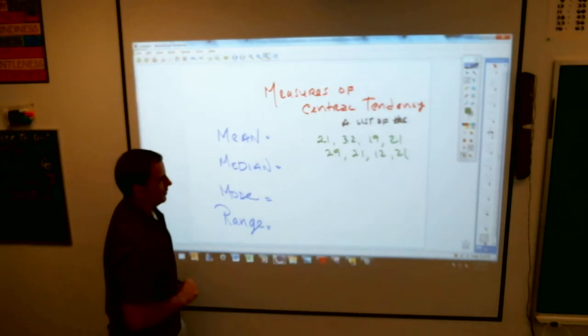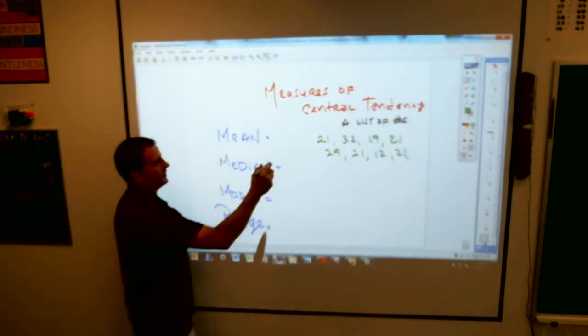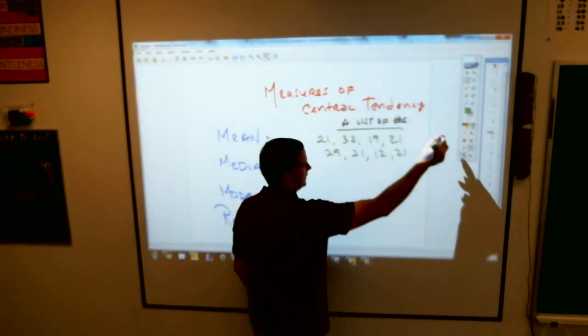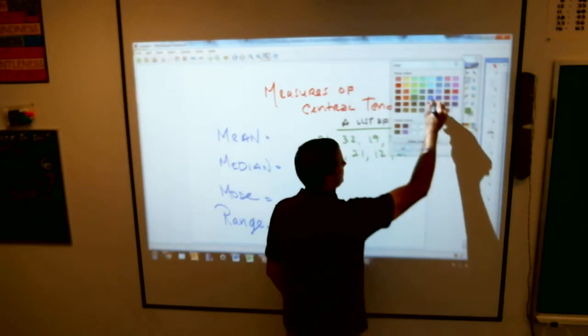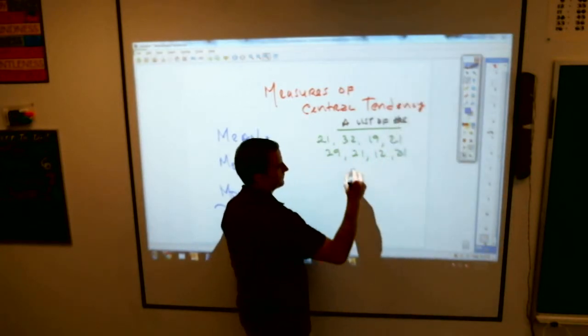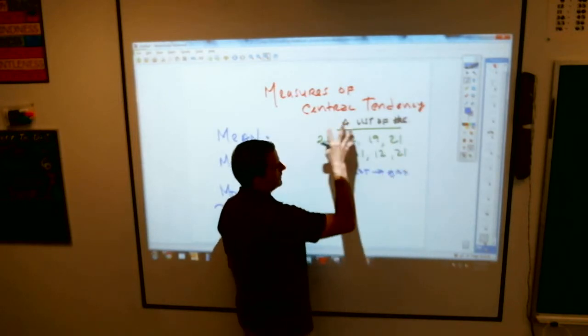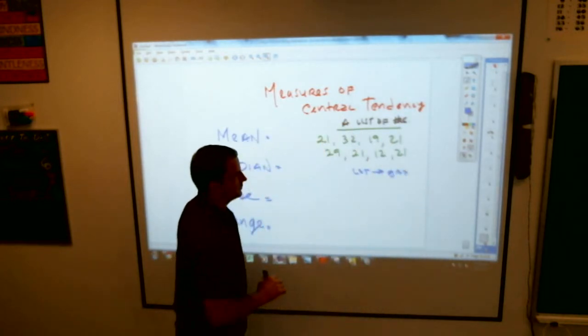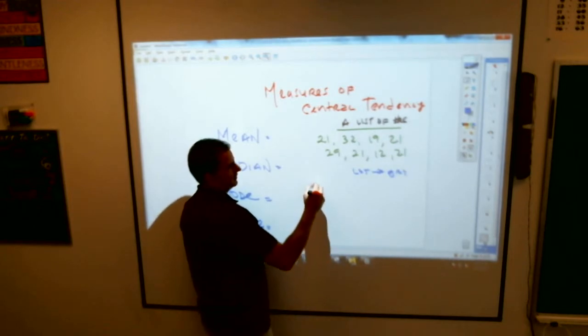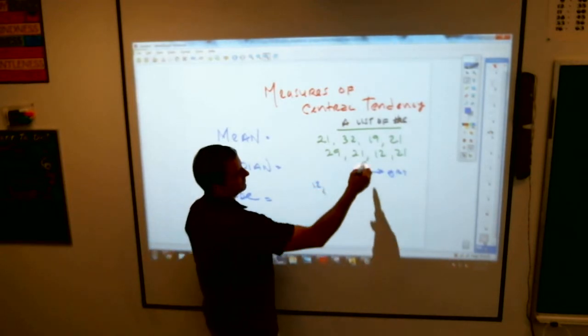Okay. So, when you're given this group of numbers, the first thing you need to do is arrange them from least to greatest. You take all these numbers and you go from small to big, which means, lucky you guys, you start first.